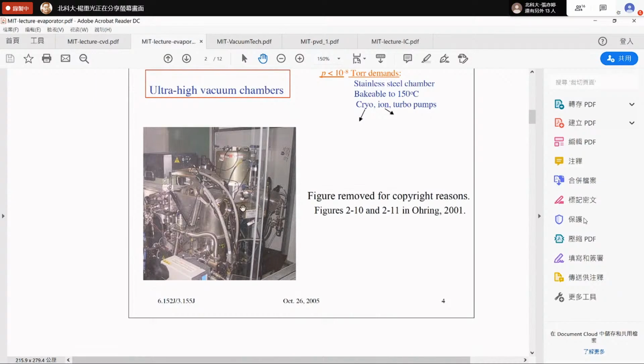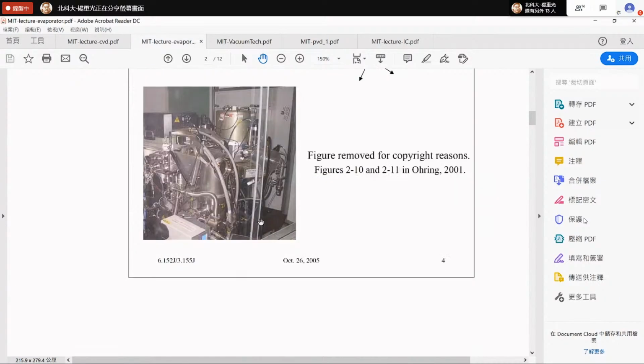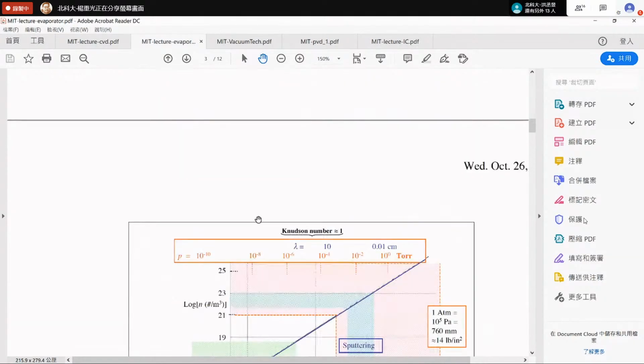This is a gate valve. Next week, I'm going to show you some vacuum devices in our lab so that you can see better. This is not easy to see.